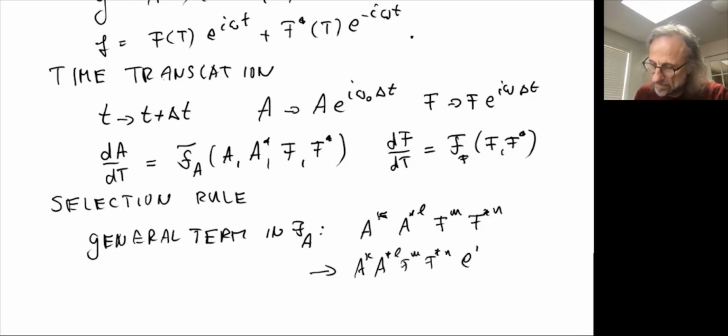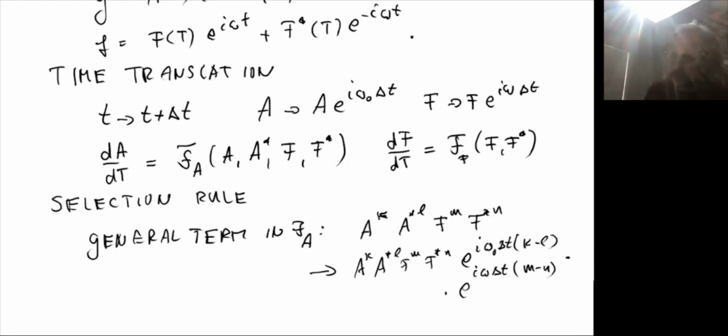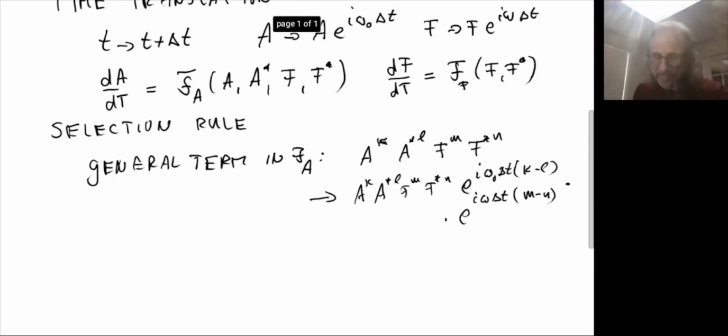We get e to the I, and from the A, we get e to the I omega naught delta t times K minus L, times e to the I omega delta t times M minus N. So that's the general term on the right-hand side. On the left-hand side, of course, there's just an A. So we know that this exponential phase factor has to be the same as this phase factor.